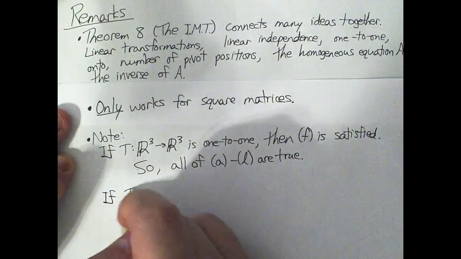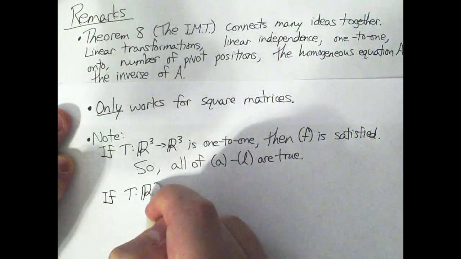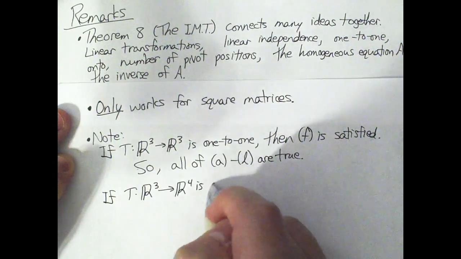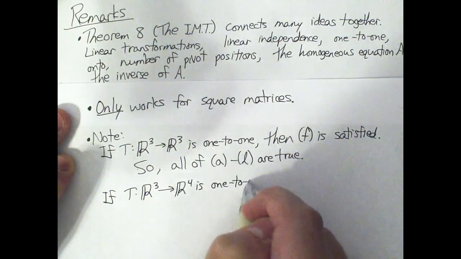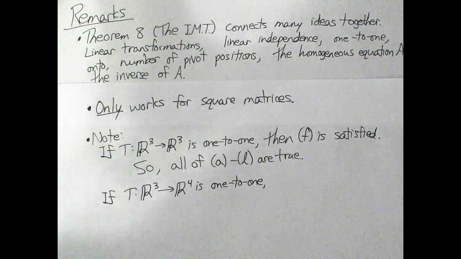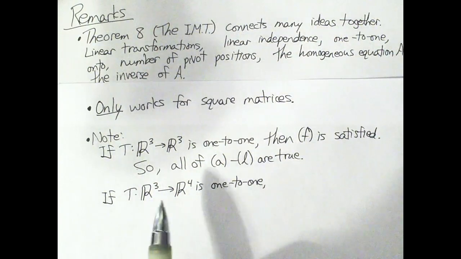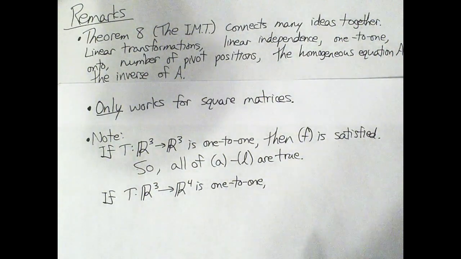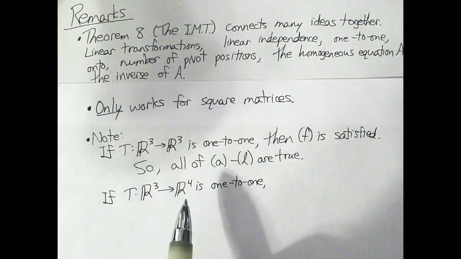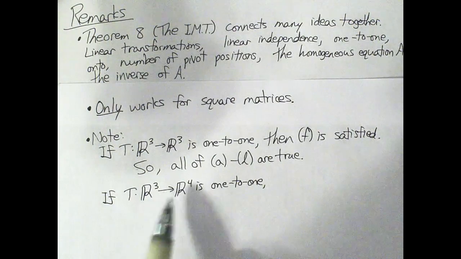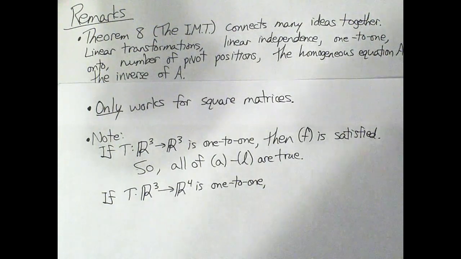What about if T maps from R3 to R4 and is 1-to-1? What can we conclude then? It is possible to have something map from R3 to R4 and have that linear transformation be 1-to-1, even though the spaces we're dealing with are different sizes.